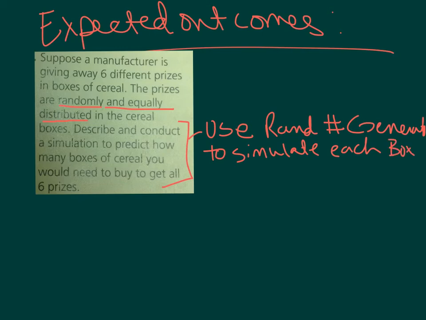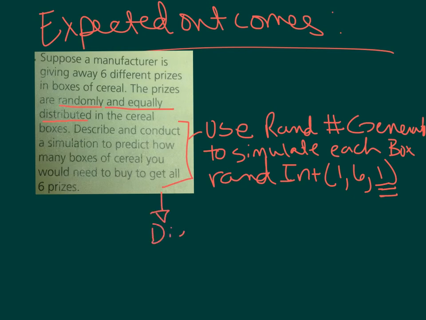If you did a random number generator, you would do randInt, 1 would be your low, 6 would be your high, but you only want to do one simulation at a time because it's like buying a box of cereal at a time. You could also just use a good old-fashioned die, 1 through 6, roll and keep track.